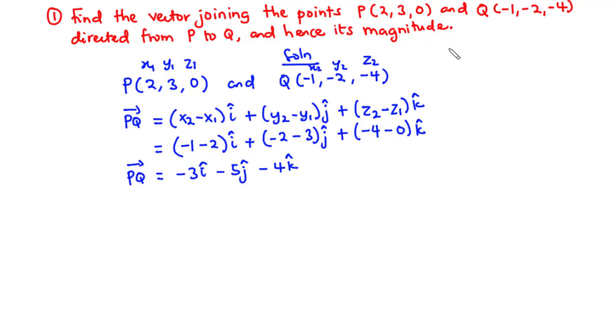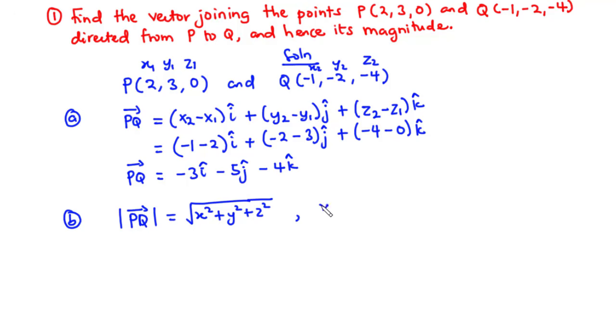Now let's find the magnitude of this vector. So the magnitude of vector PQ is equal to the square root of the x component squared plus the y component squared plus the z component squared.